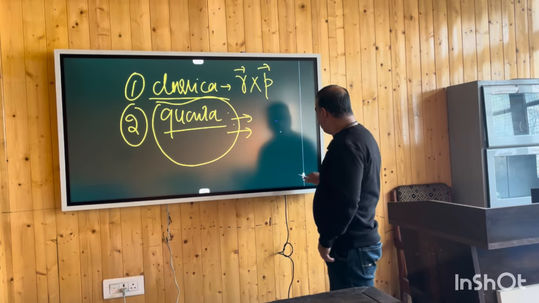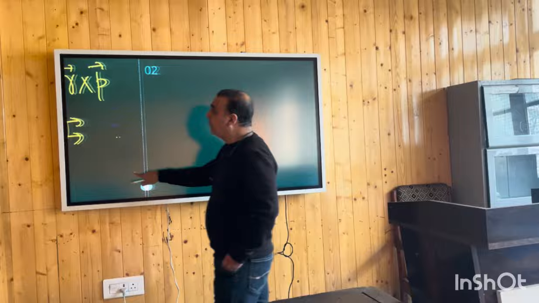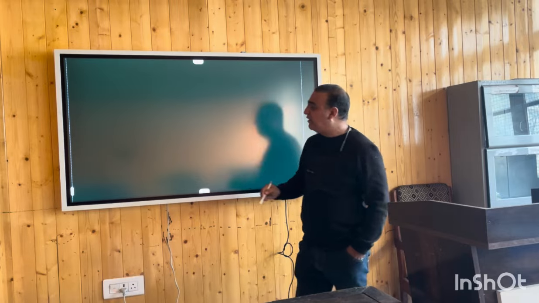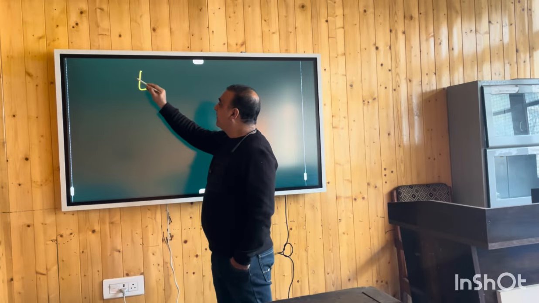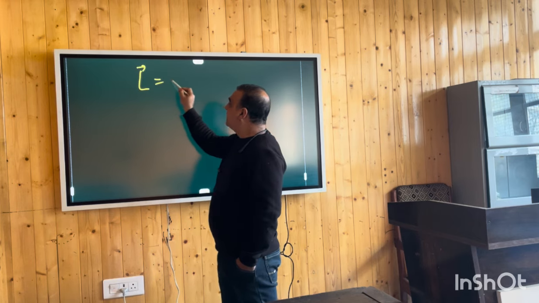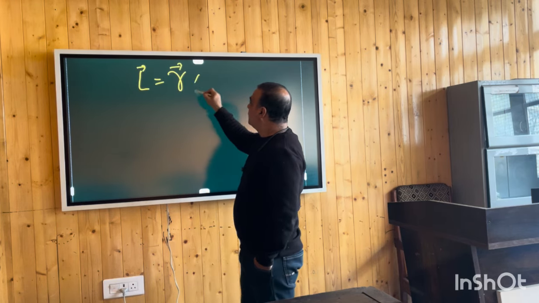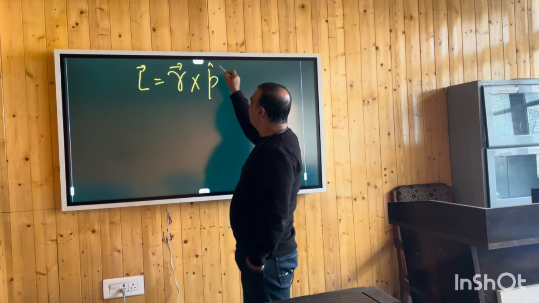So today we are going to go with the angular momentum, and from its basic definition, we know what angular momentum is. If I write down the angular momentum, it is the cross product of the position vector and the momentum vector.